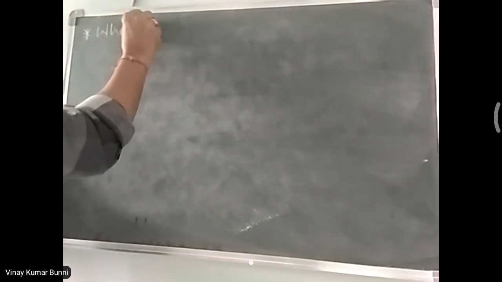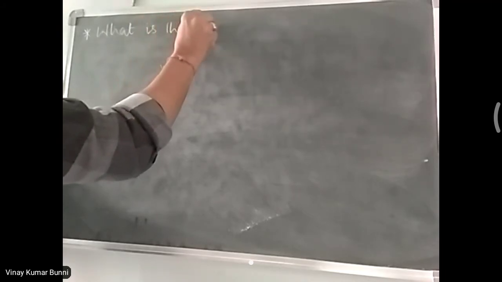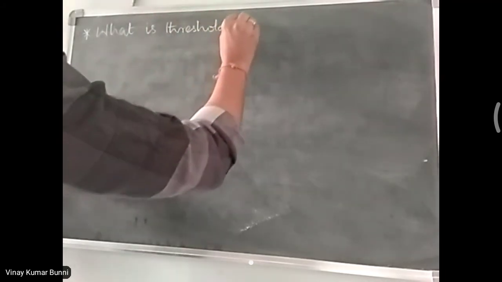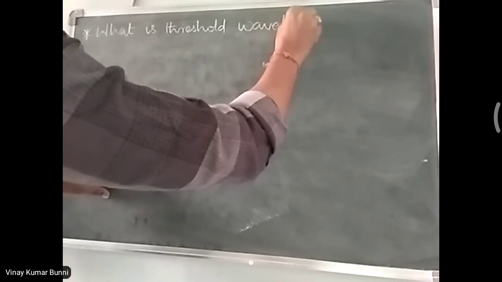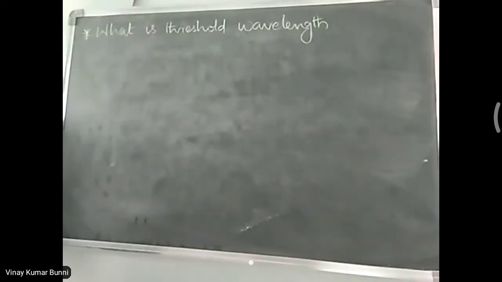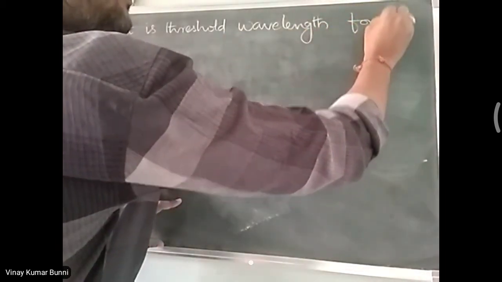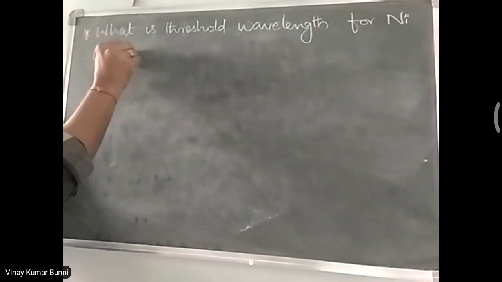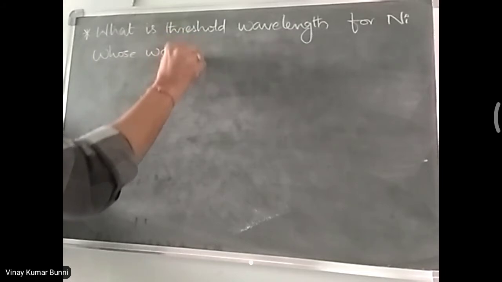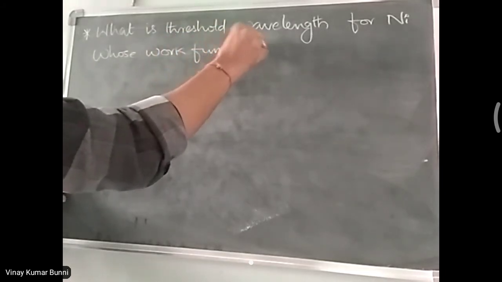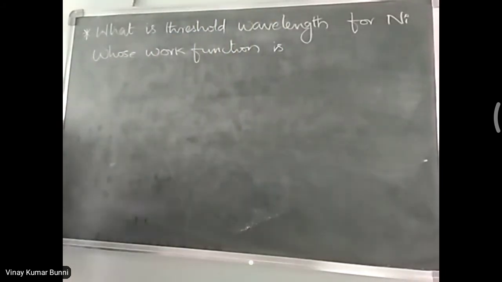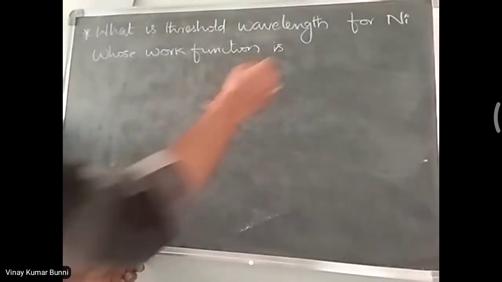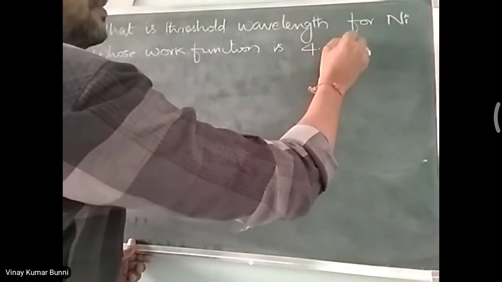What is the threshold wavelength for nickel, whose work function is 4.84 electron volts?